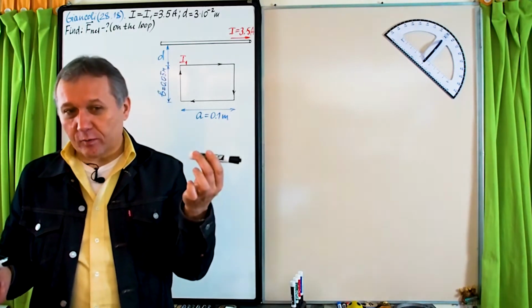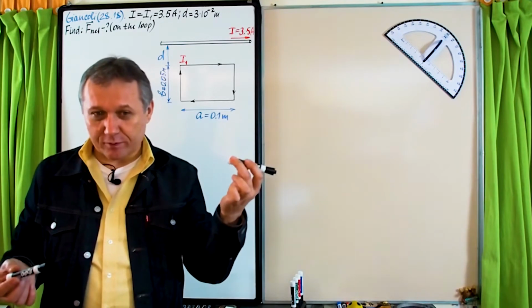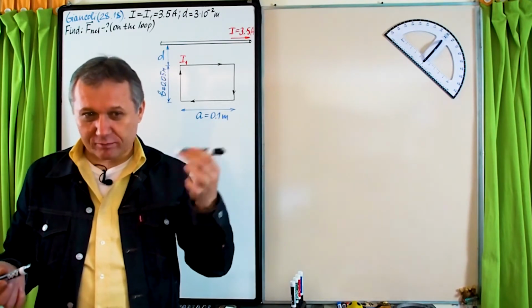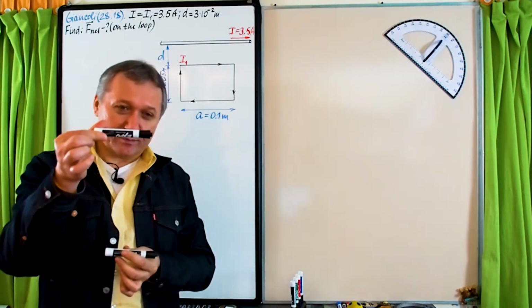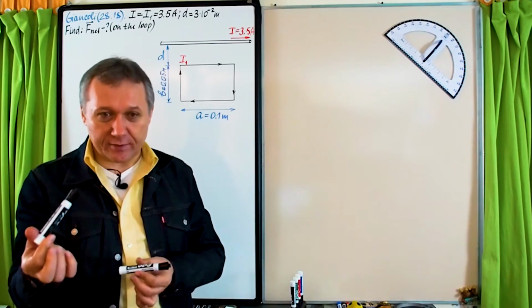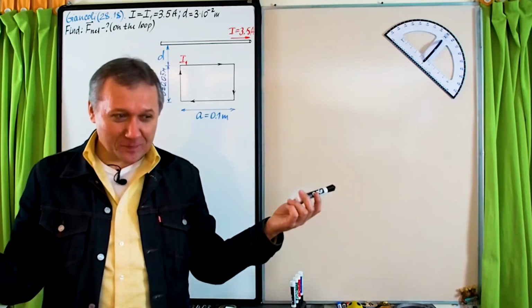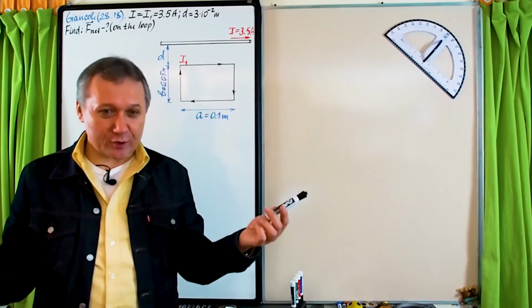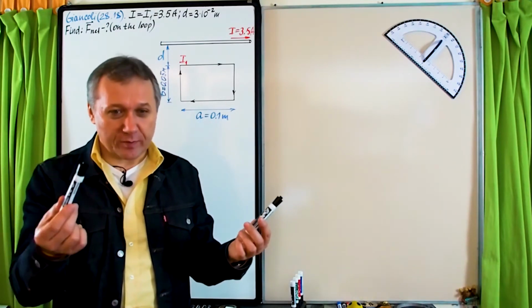One wire was the object, which experienced a force. And the second wire was the source of the magnetic field. So one object was the object on which the force was exerted, and the second object was the source of the magnetic field.